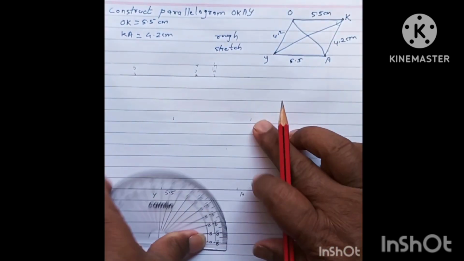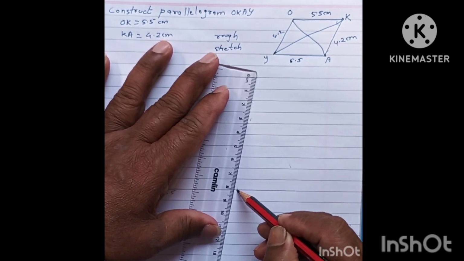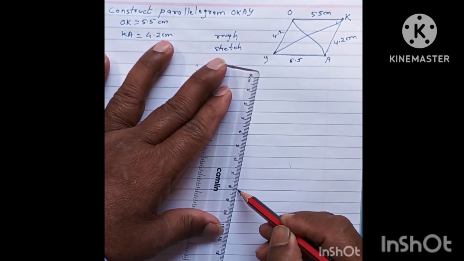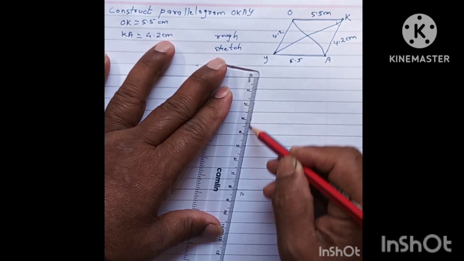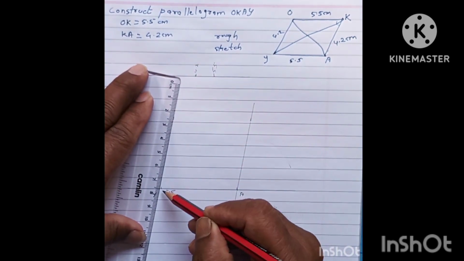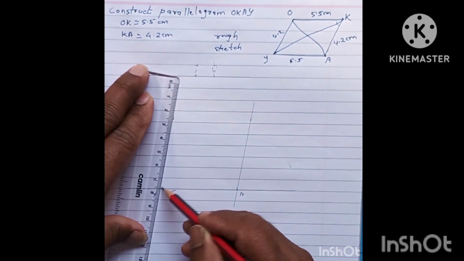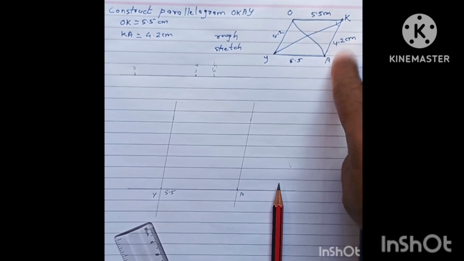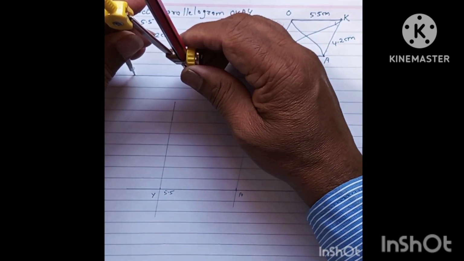So if I take 100 there, it will be 80 on this side. I am joining these two points so that I can locate the positions of O and K, which are at a distance of 4.2 centimeters from Y and A respectively. Before joining, confirming whether both points are lying on the line.